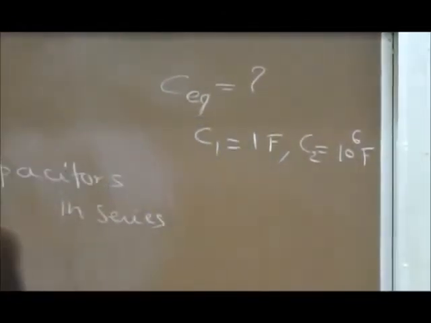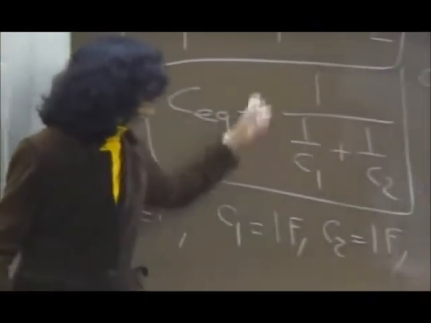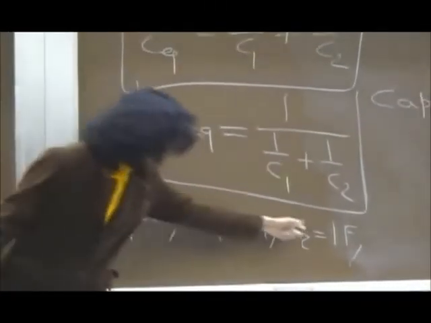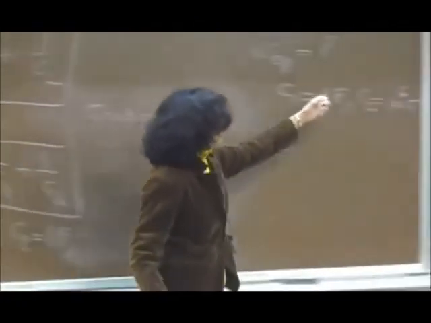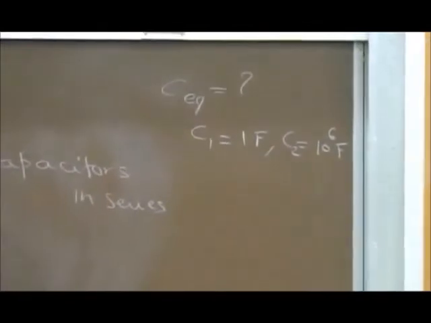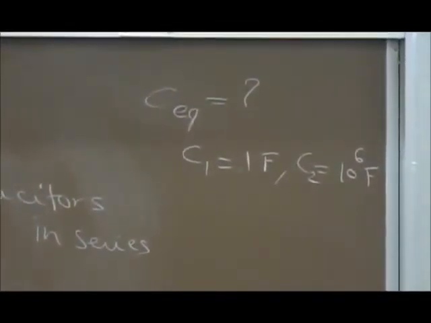Everybody should be taking the time to do this. You have 2 minutes. You don't even need 2 minutes, so just plug the things in. For this case, C1 and C2 are both 1 farad. What is C equivalent? Here it's 1 farad, here it's 10 to the power 6 farad. What is C equivalent? This time I'm going to pick one person and ask them to tell me what the answer should be.